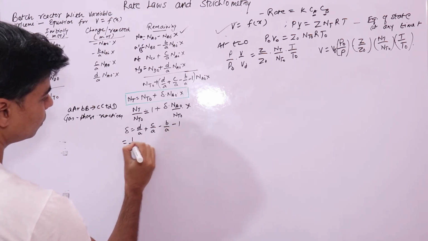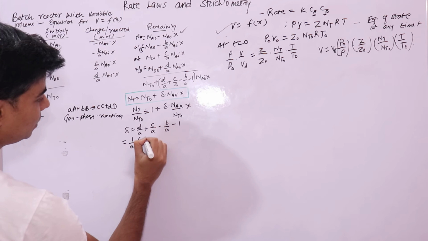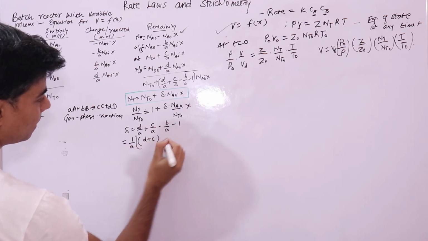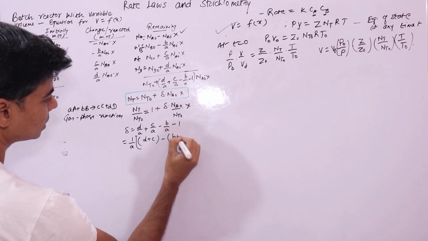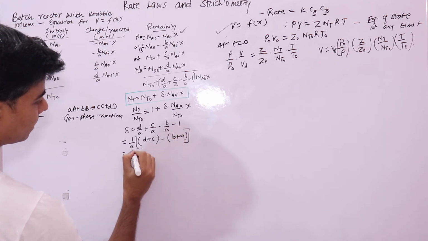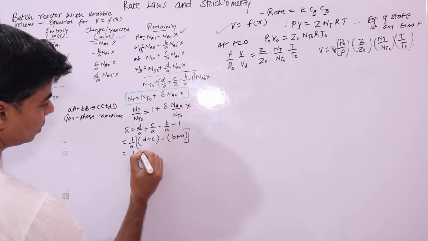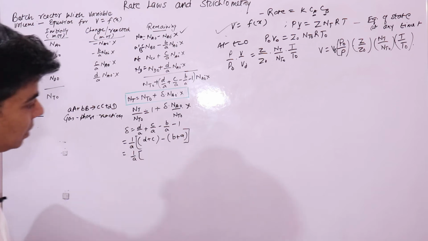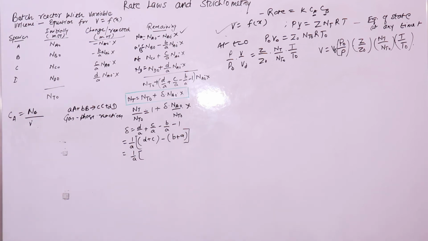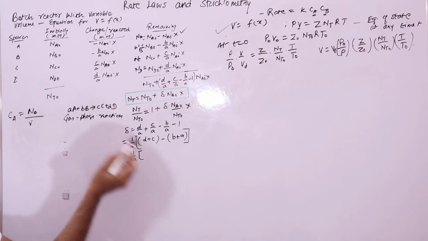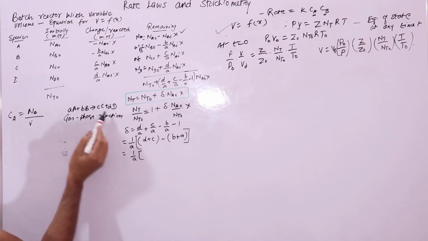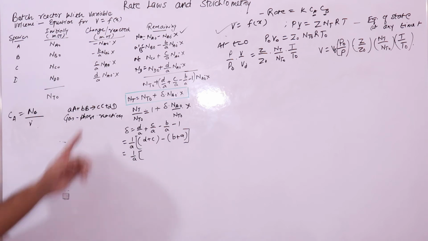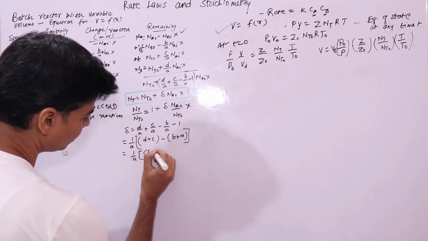Taking 1 upon A common, this is D plus C minus B plus A, for this gaseous reaction. This represents the change in the total number of moles. D plus C is for products, A plus B for reactants. So this is your change in the number of moles between reactants and products.